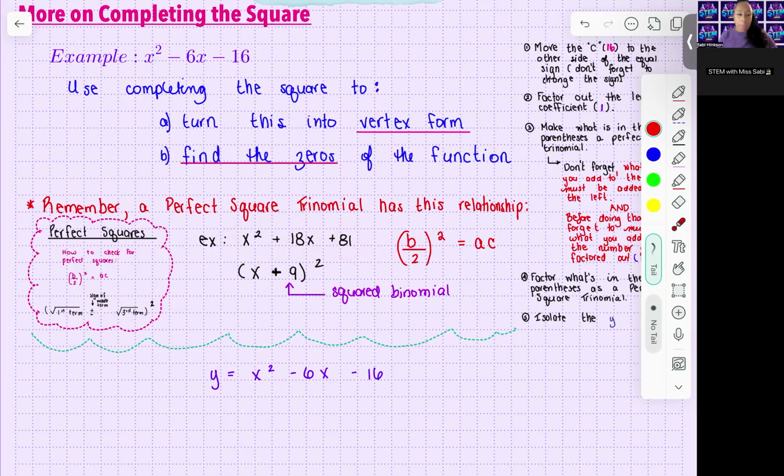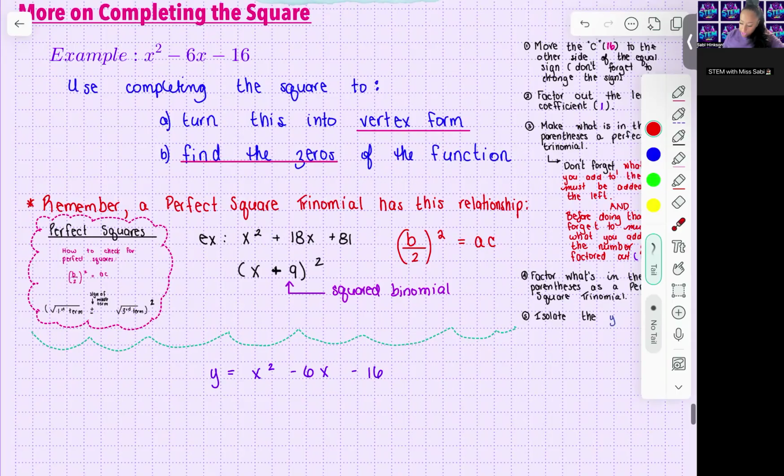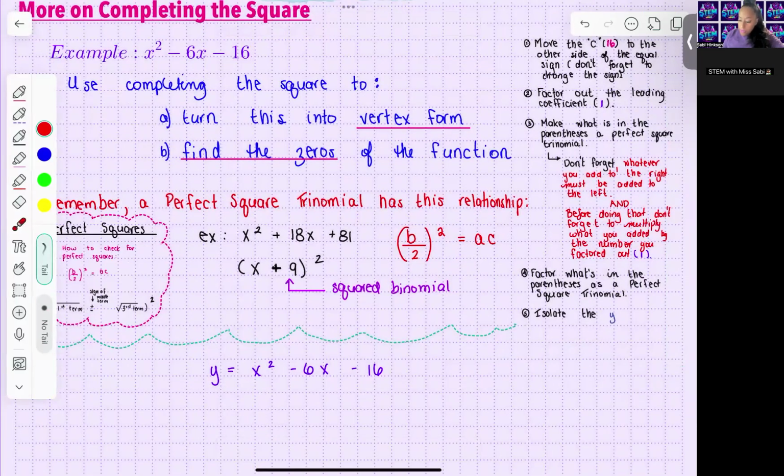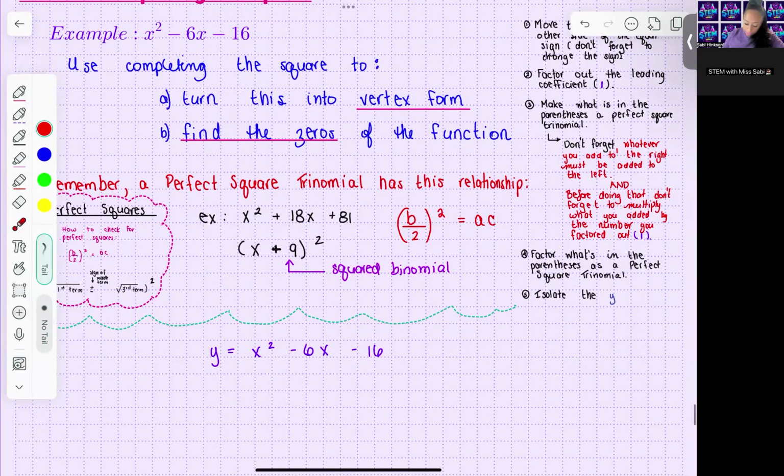So now we're going to apply the steps in order to convert a rule that's in general form into vertex form using completing the square. I have the steps on the side. First, move the C to the other side of the equal sign.